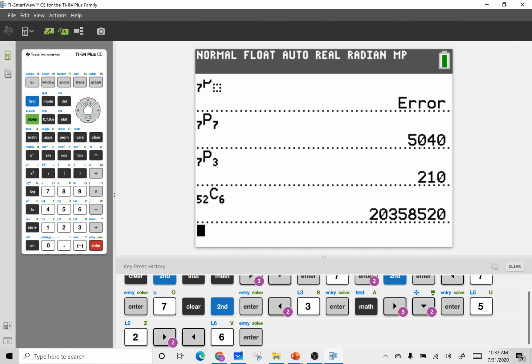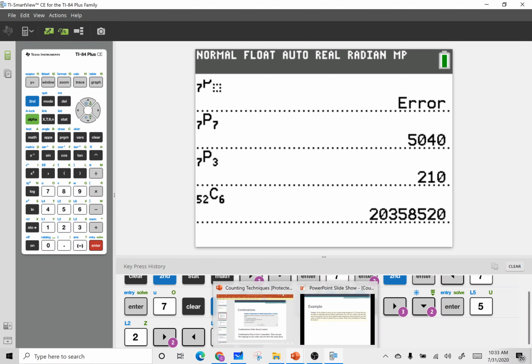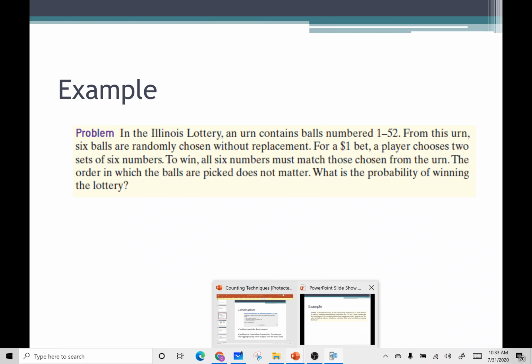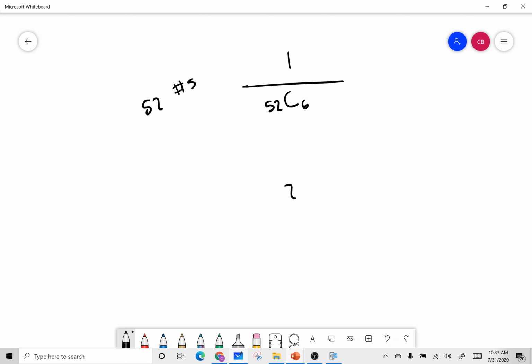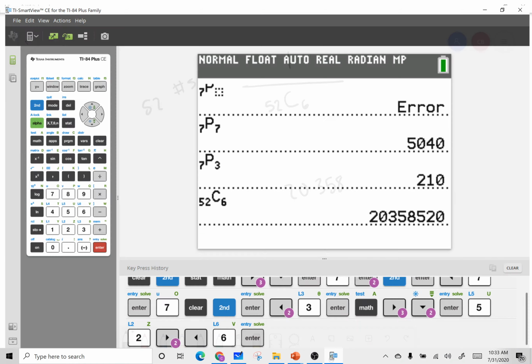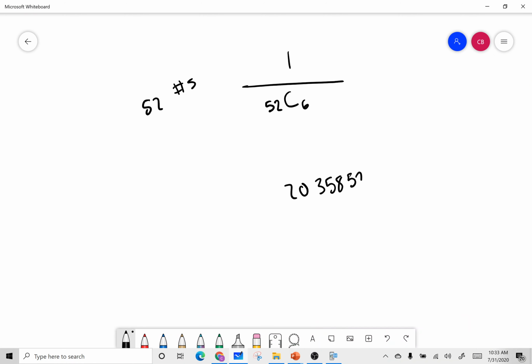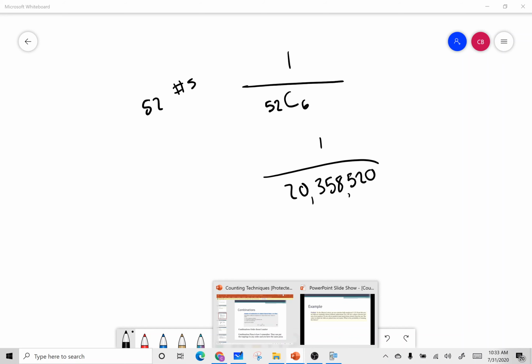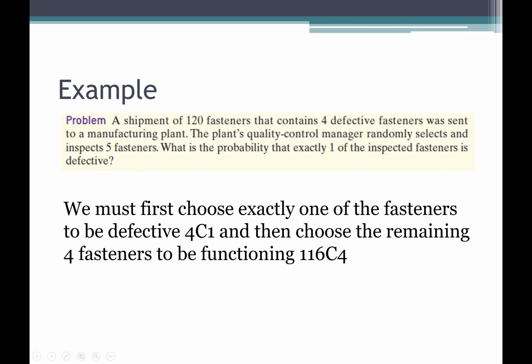It's 20,358,520. We have a 1 out of that number, 20,358,520 chance of winning this lottery. Okay, and so that would be your chances for that.